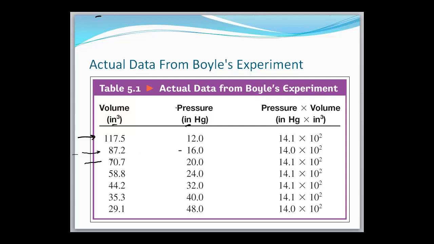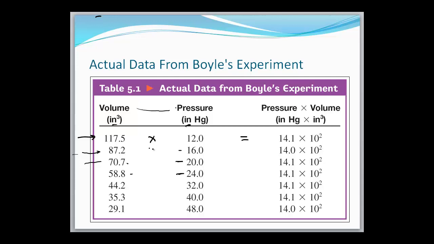He did a third experiment by increasing the pressure a little more, measuring the volume. Another experiment increasing the pressure more, measuring the volume, etc. And what Boyle noticed was that there was a mathematical relationship between volume and pressure. In other words, if he took these two values and multiplied them, he got an answer.